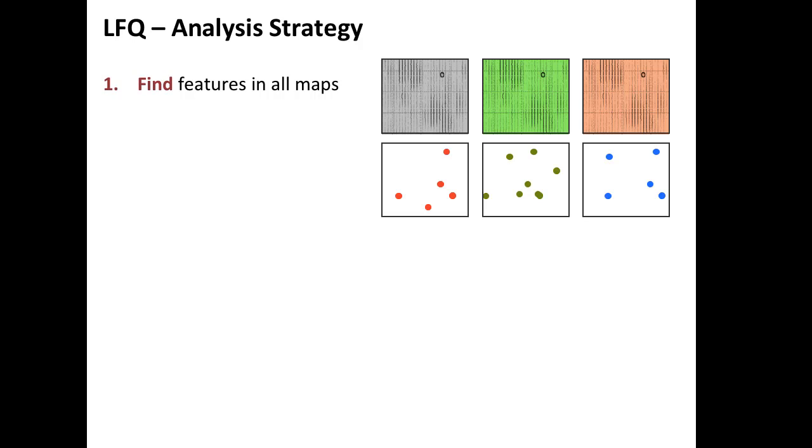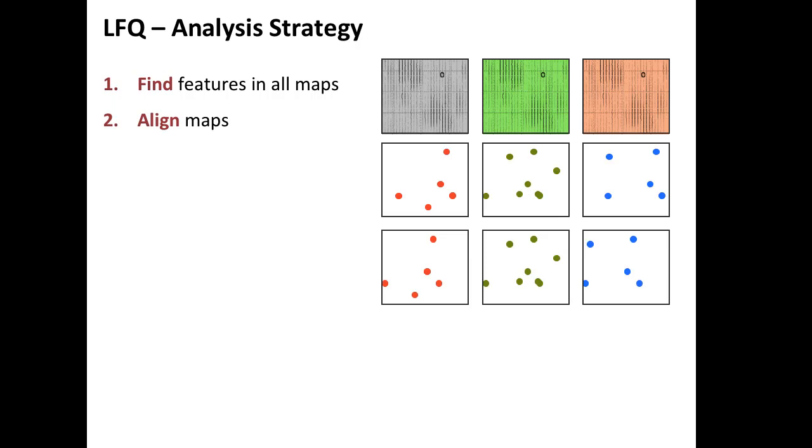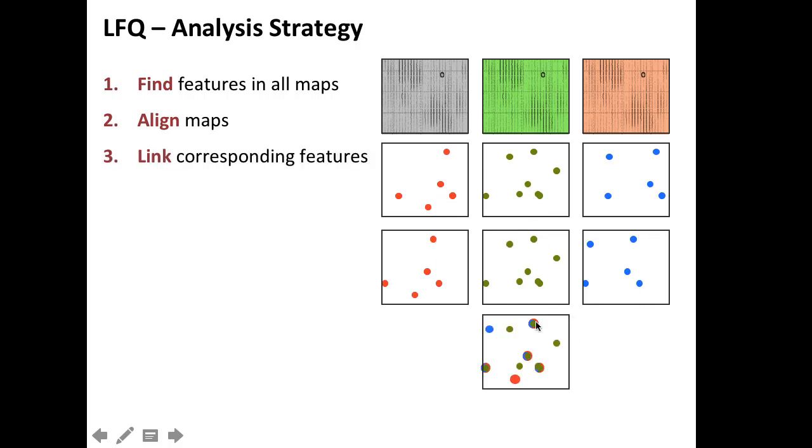So we usually need to align these maps. And by align, I mean we shift the retention time. It can be in a linear or nonlinear fashion. There are some discussions that we need to go into later on. And we do that in a way that features that are the same thing can be overlaid, so that they end up in the same spot.